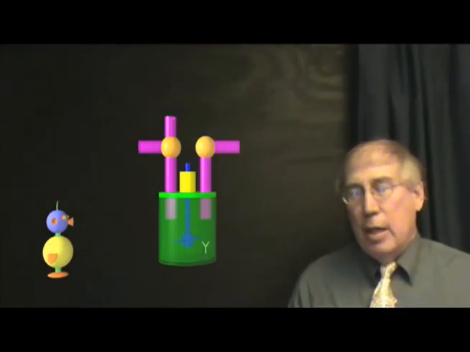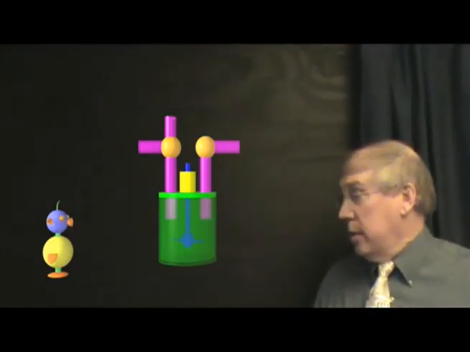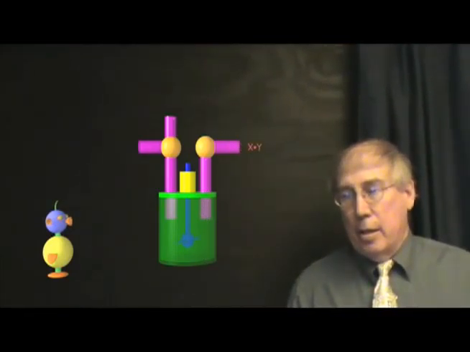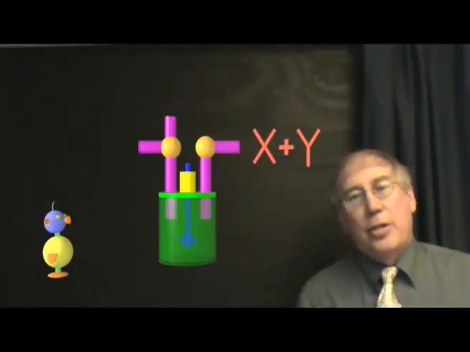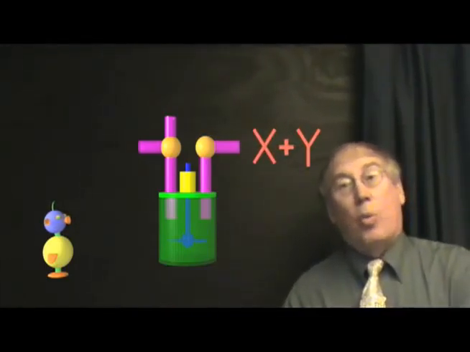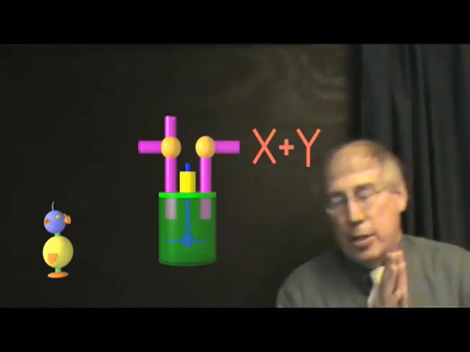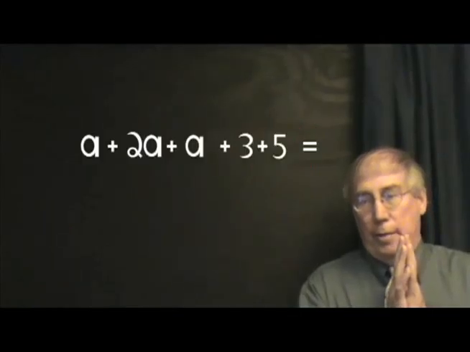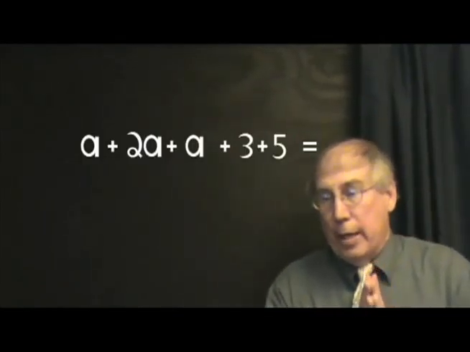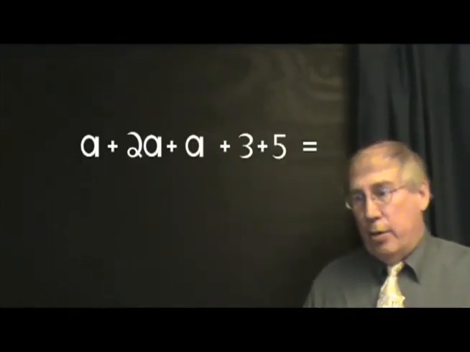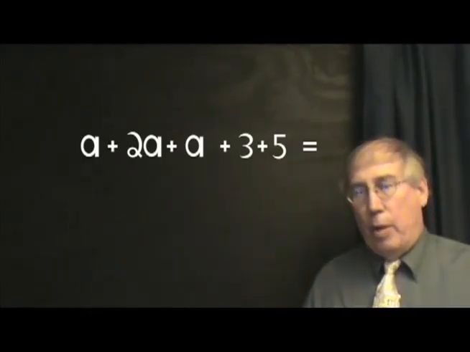They mix around, and let's see what we come out with. The best that we can do is say we have x plus a y. So keep that in mind as we go through here. Only like terms combine.